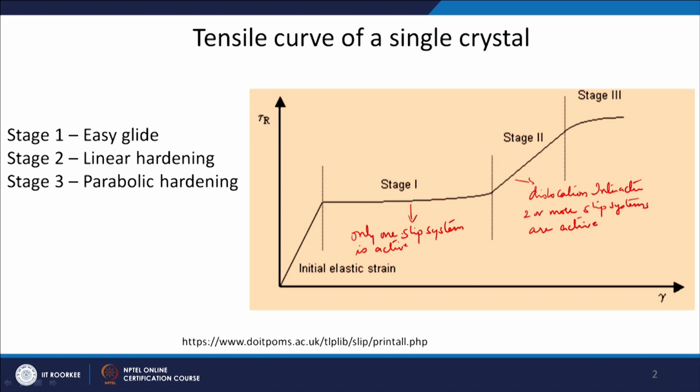Of course, later on when you have a kind of saturation, in how much strain a material can take, you will start seeing a decrease in the rate of hardening, and it is almost becoming a non-linear, parabolic kind of curve. That is my stage 3 hardening in a single crystal.